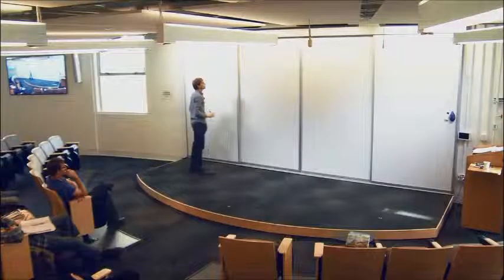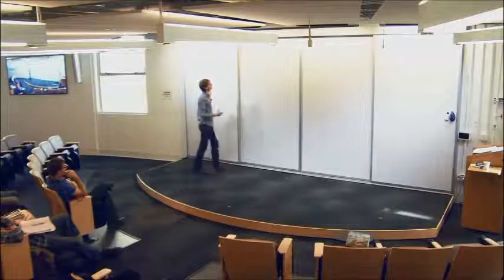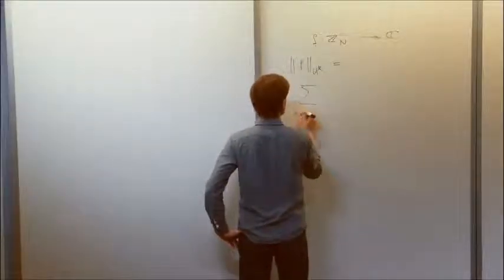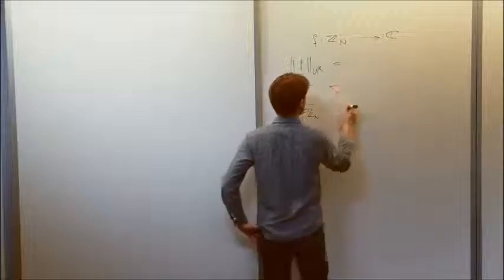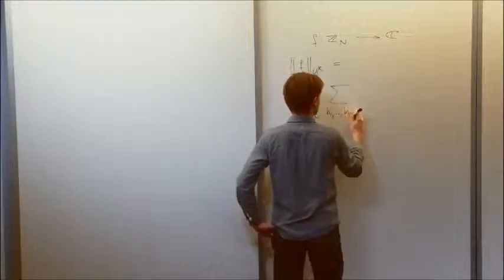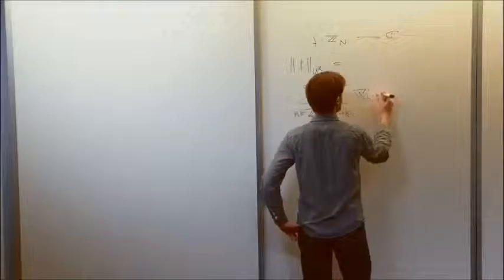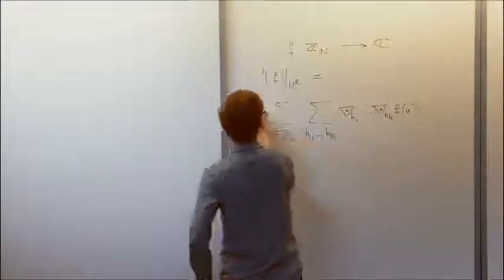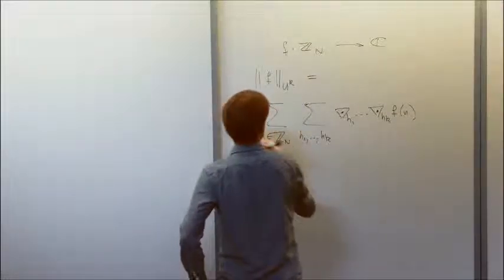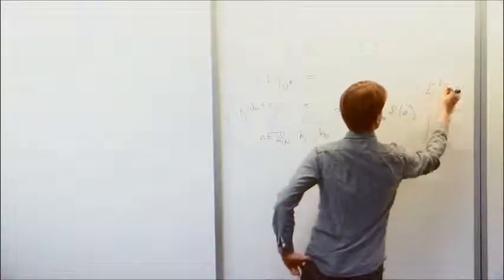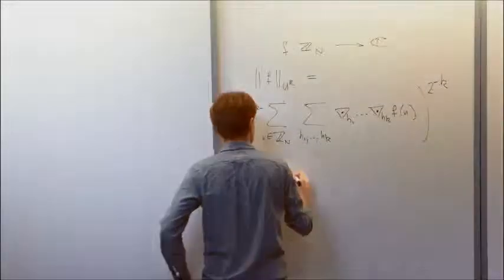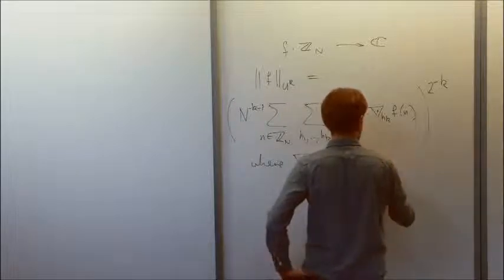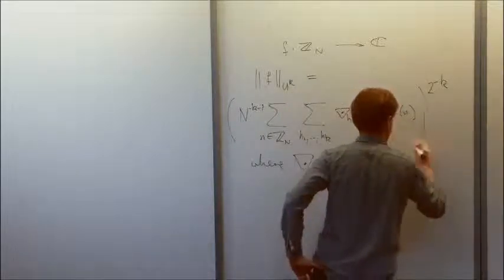The kth, so the order k Gowers uniformity norm, is the following expression, so it's quite complicated. Where this. Right.